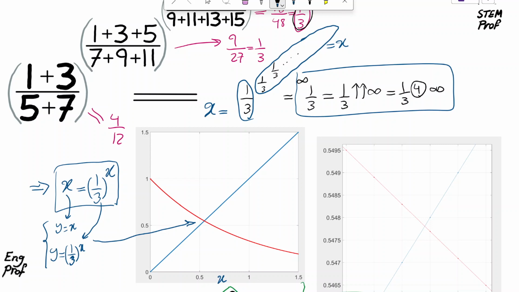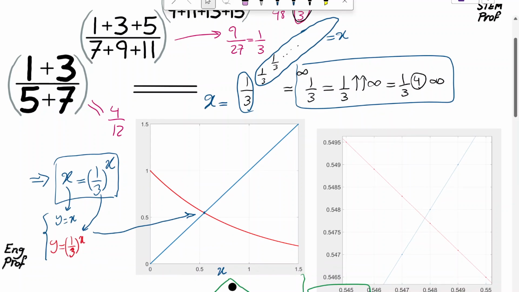So there you go. This point is a crossing point, and I'm going to highlight the colors so that it's obvious which one is which. This one is the red one, and the other one is the blue one. This one is y equal to x, and this one here is y equal to 1/3 to the power x.